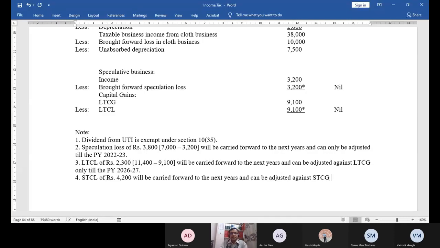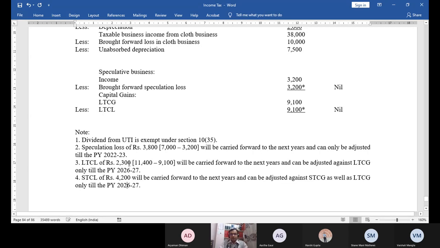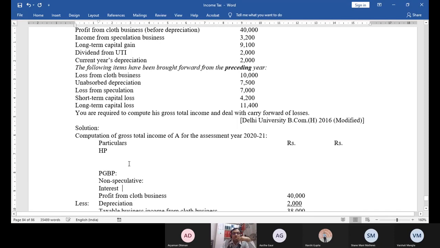But it can be adjusted in STCG as well as LTCG, but only till the previous year. You can count those 8 years, 26-27. Point over now. Question is over.